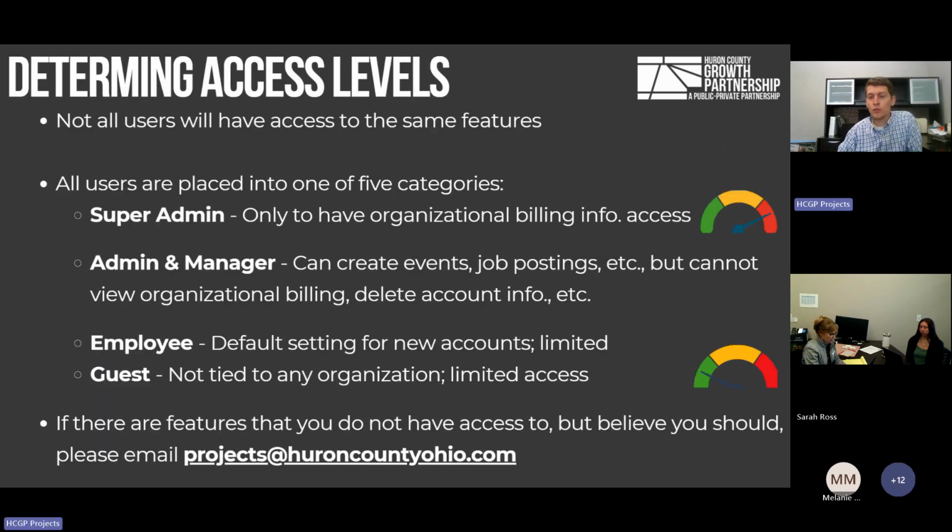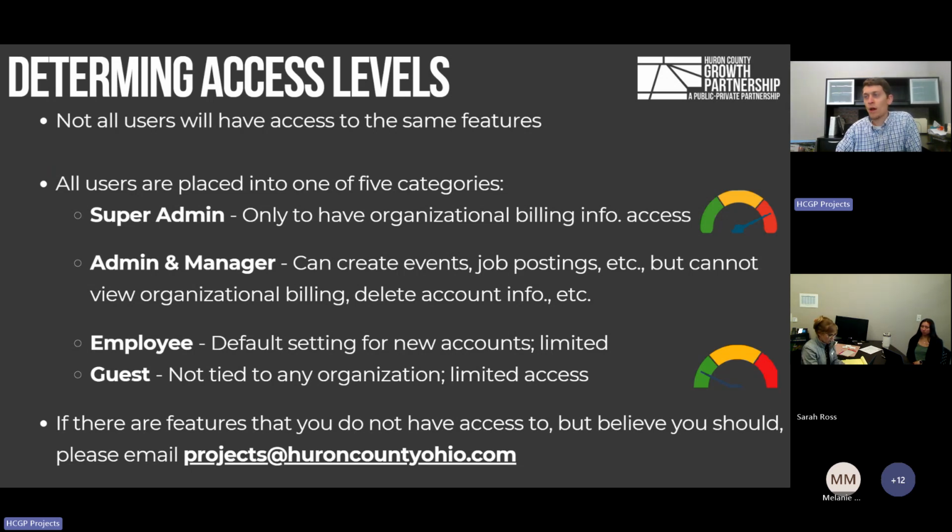And then before we get too far into this, some of the things that I'm going to go over here, only certain people have access to. So there are 5 different settings as far as access goes for the member hub. So the first one is the super admin one.